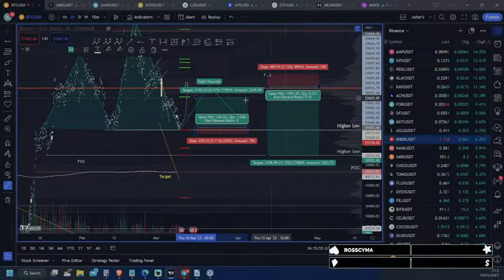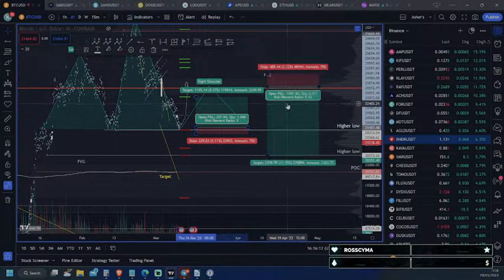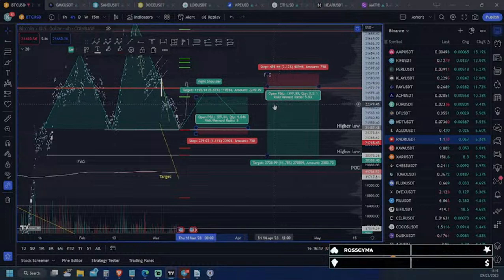Which obviously requires a great deal of patience. These trades could take 2 to 3, maybe 4 days to play out. So it takes a bit of patience to get into these.